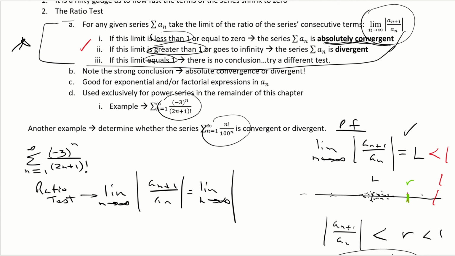The a sub n plus first term is this: minus 3 to the n plus 1 over 2 times (n plus 1) factorial. It is divided by the nth term, which is minus 3 to the n over (2n plus 1) factorial.